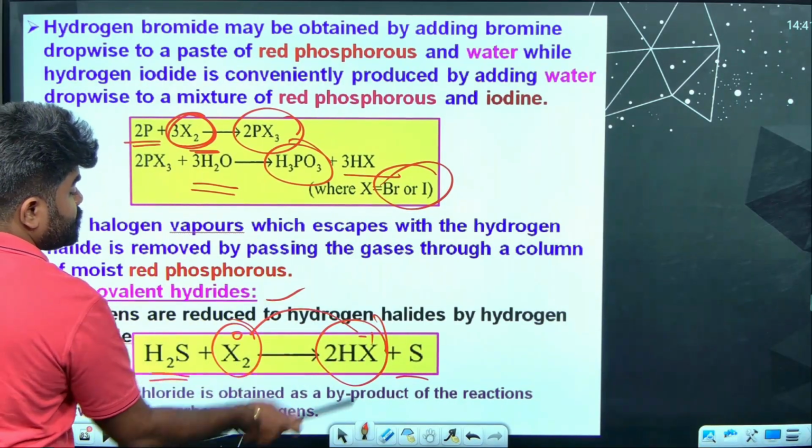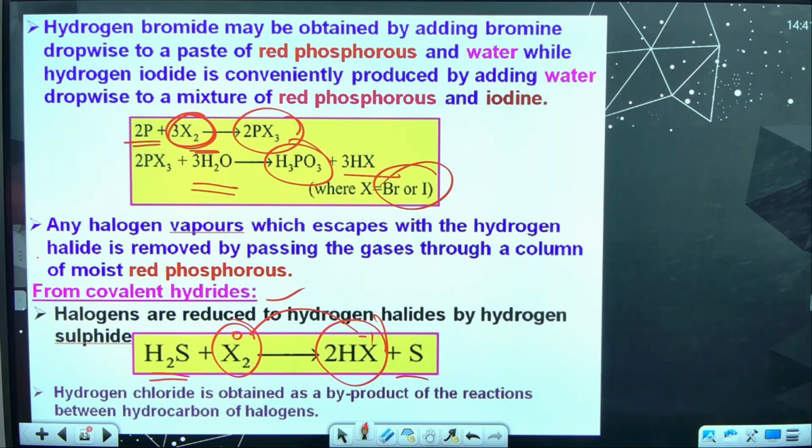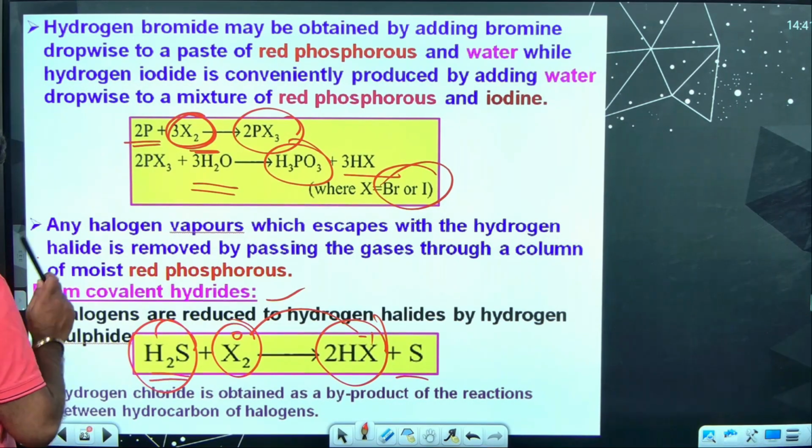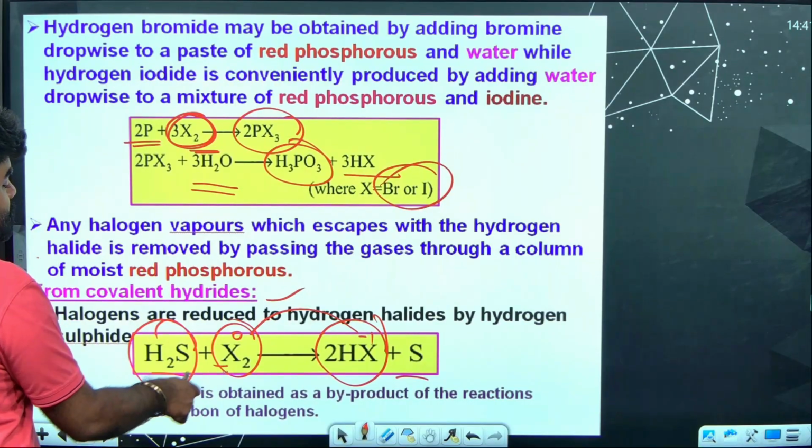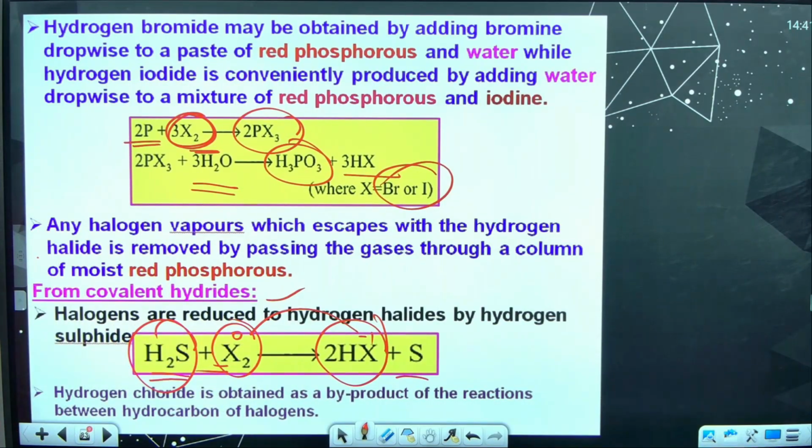So reduction in oxidation state means reduction has happened இல்லையா? So என்னாகும்? H2S எடுத்தா it is acting as a reducing agent because it is reducing the halogen to form hydrogen halide.